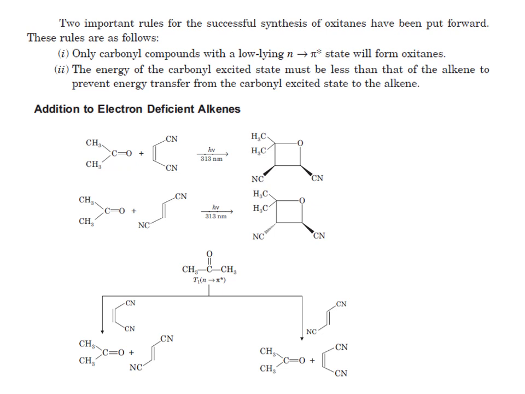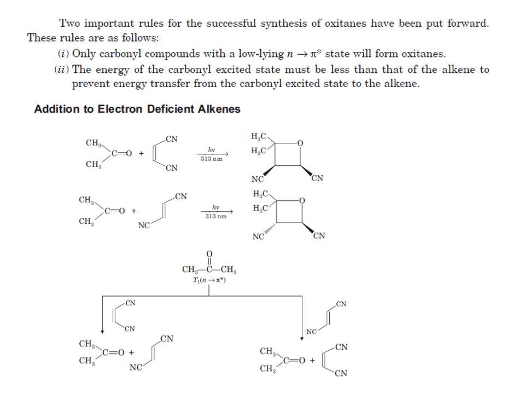The reaction of an alkyl ketone can be complicated by less efficient intersystem crossing, thus permitting reaction of both the singlet and triplet states. So both the singlet and triplet states show equal reactivity in the case of an alkyl ketone, and the singlet state reaction is obtained at very high concentration of the alkene. On the other hand, the triplet state reaction is obtained at very low concentration of the alkene.